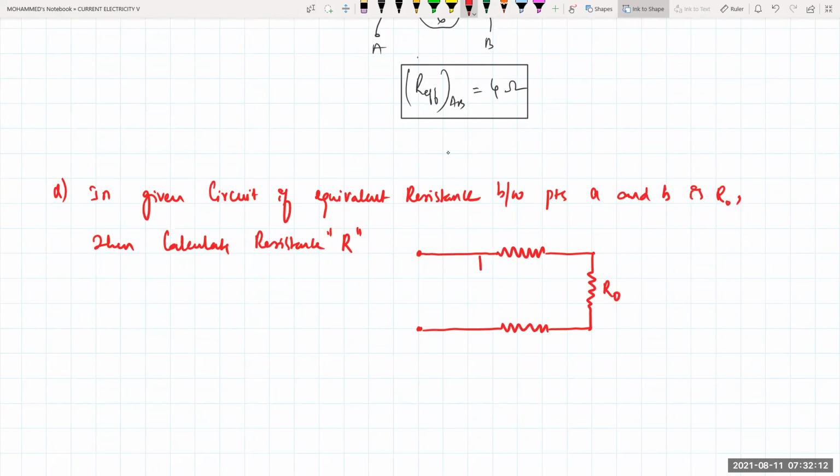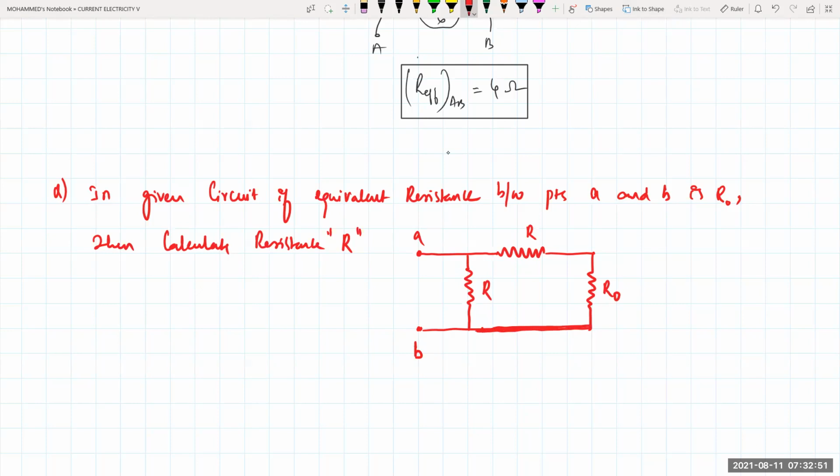Here there is one resistance like this. This one is your R. This one is also R. These are the points A and these are the points B. Okay, this is the given question.